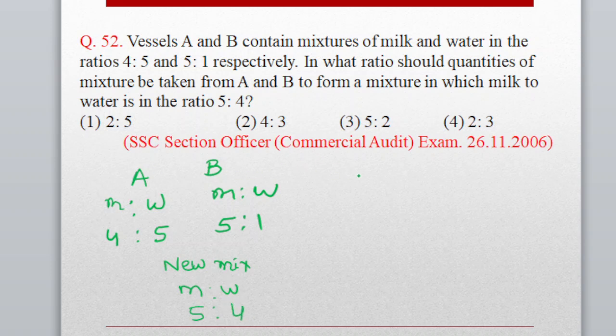Now listen, suppose we are taking milk from each vessel. So the fraction of milk from vessel A is 4/9, and the fraction of milk from vessel B is 5/6. And in the new mixture, the fraction of milk is 5/9.